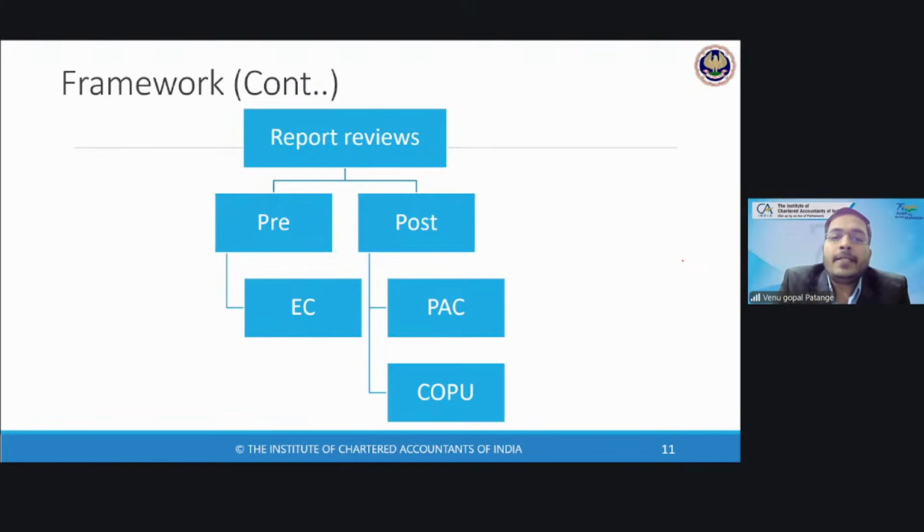Okay. So what are the duties of the estimates committee? It has to check whether the estimates which were made are accurate or not, whether there is an alternative option available, whether in any way we can reduce this cost, whether there is any unnecessary expenditure.